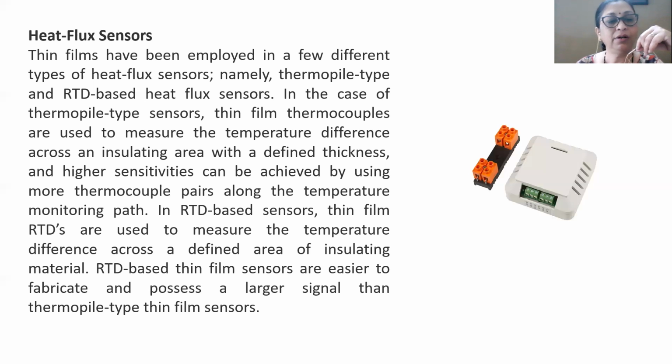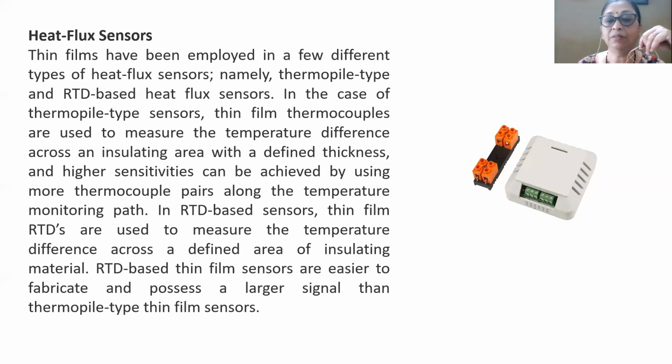And therefore an array of these thermocouples, which is called a thermopile, is fabricated in thin film type of sensors, and used to measure the temperature. Here again the sensitivity is an important factor, and that can be increased by forming the pile.